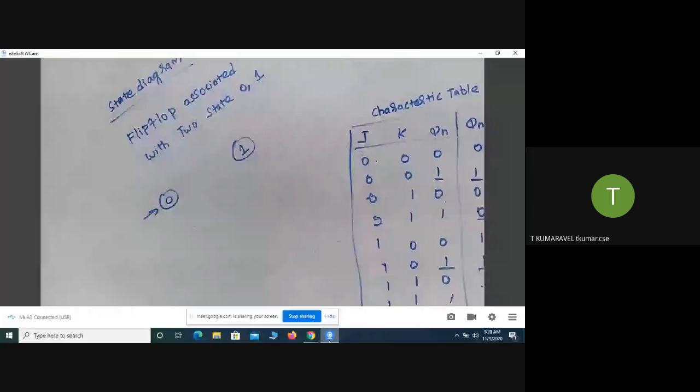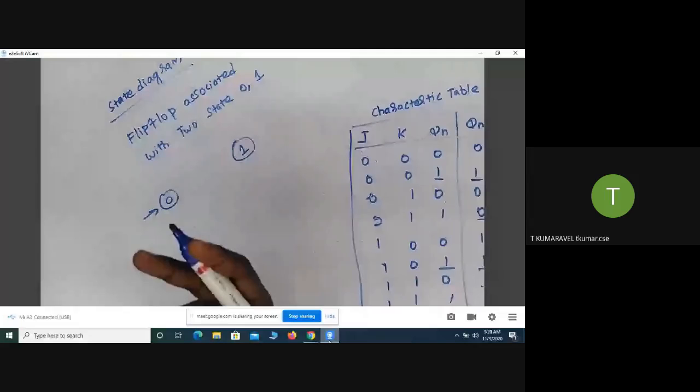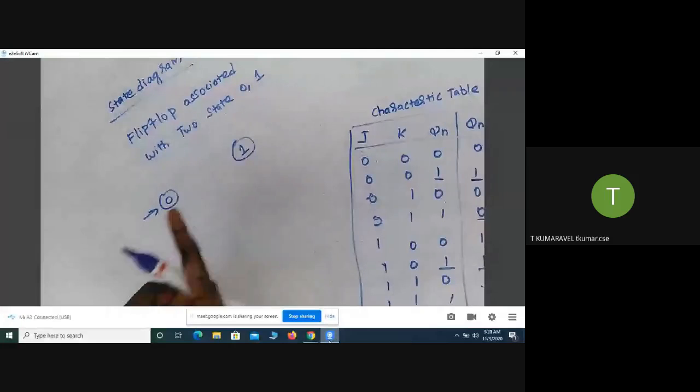If you consider any flip flop, it is associated with two outputs, namely 1 and 0.